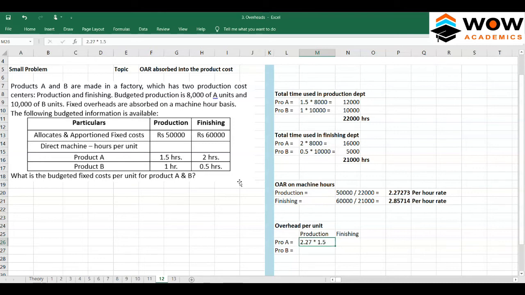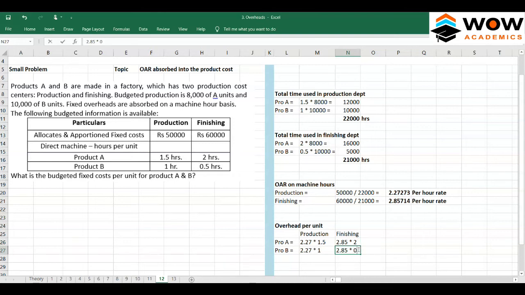And product B spends 1 hour. In the same way, in finishing department it is 2.85 into, product A spends 2 hours there and product B spends 0.5 hours there.